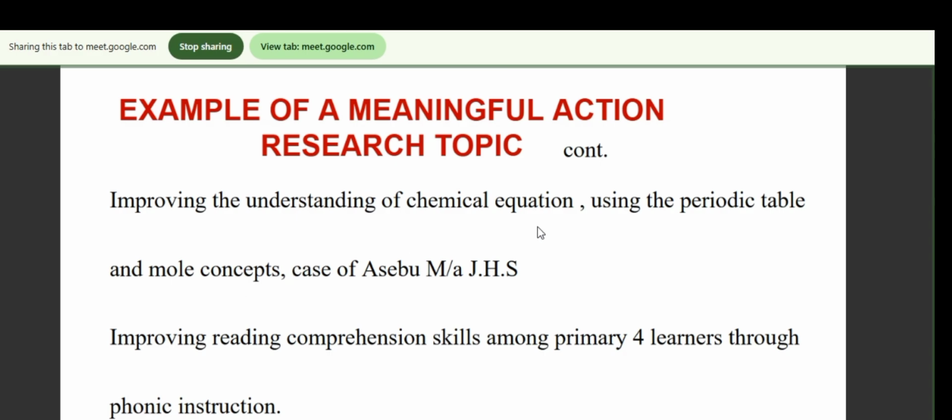We know the periodic table: hydrogen, helium, lithium, and so on. It has a mole concept, and we know chemical equation deals with hydrogens, knowing the atomic numbers and stuff. So that explains the understanding of chemical equation.